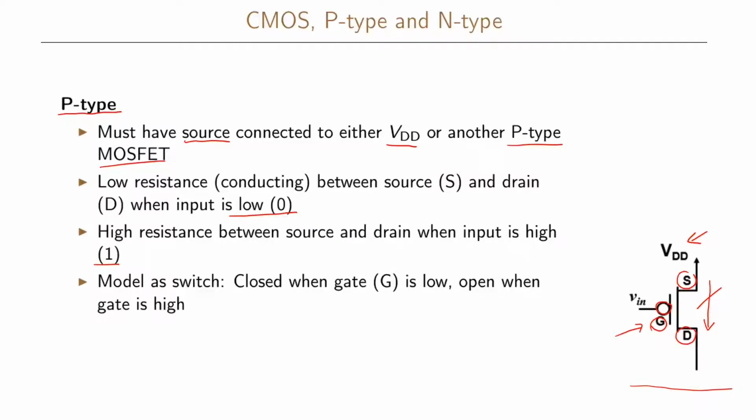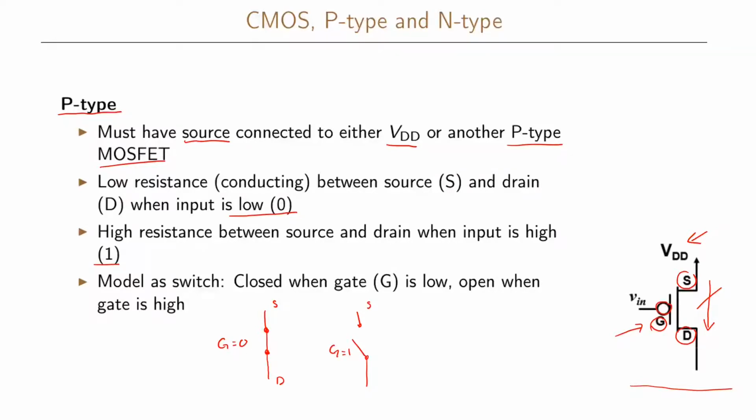So when we want to try to understand this resistor, we can model this as just a switch. So the switch here is closed when the gate is 0, and we have here the source and the drain, and the switch here is open when the gate is 1.